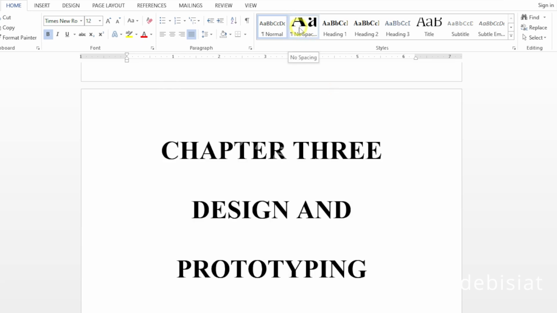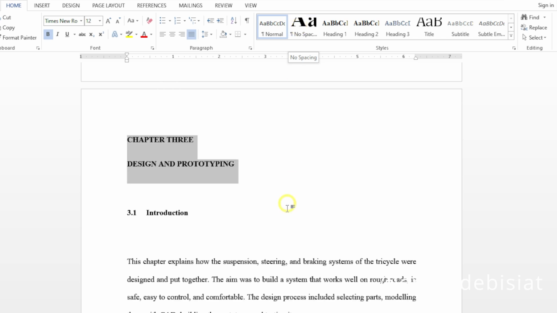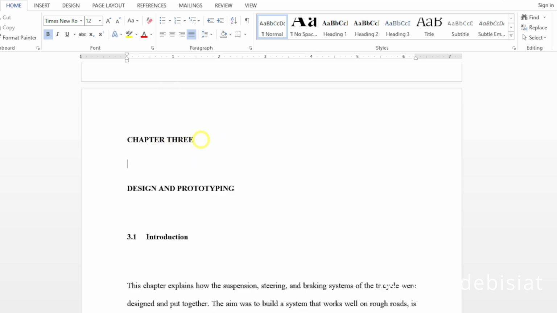Hello, everybody. We are on chapter 3 now, designing and prototyping. Chapter 3, methodology. So, let's begin. First, chapter 3 is methodology. So, chapter 3, 3.0, methodology.